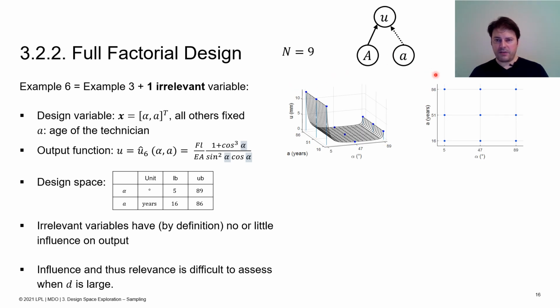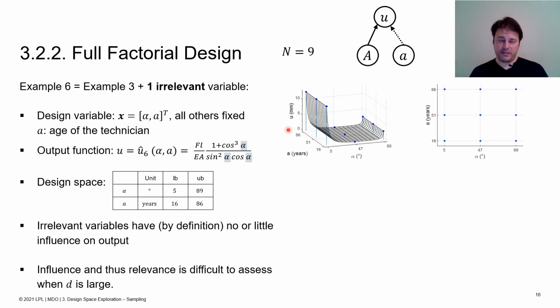We create a 3-level full factorial design in the 2-dimensional input space, and we can look at the system response and the quantity of interest, our displacement u, as a function of A and alpha.